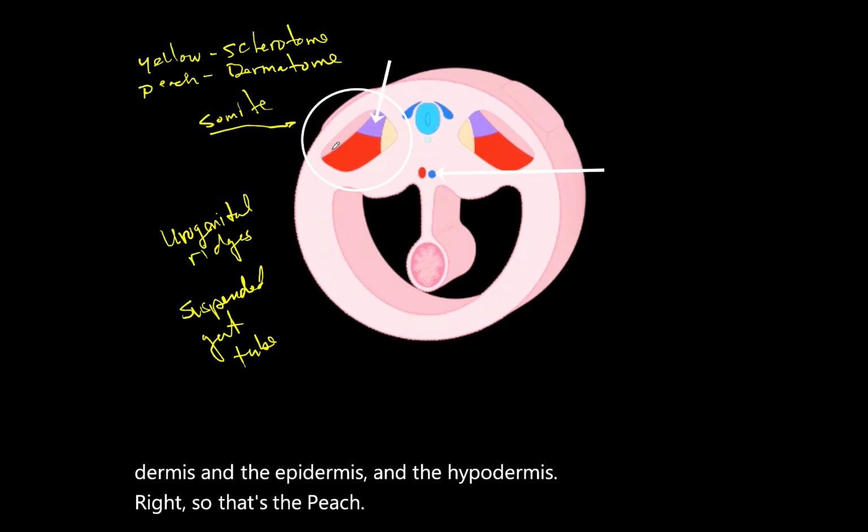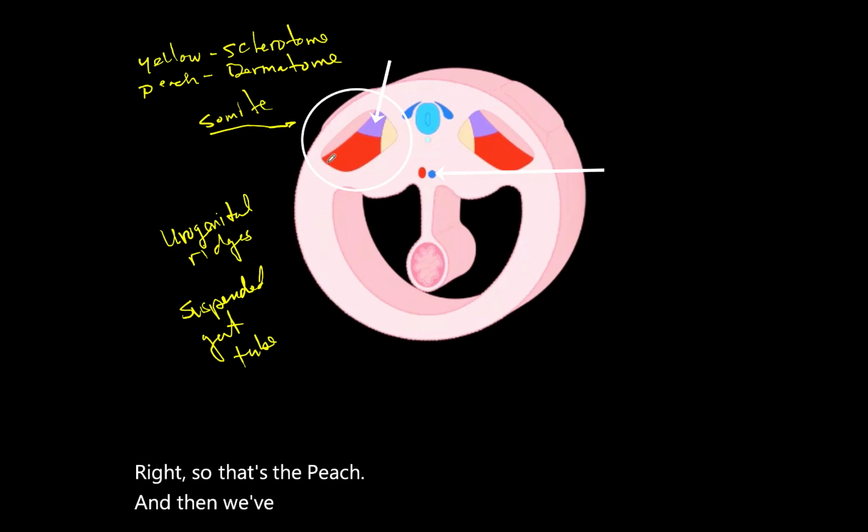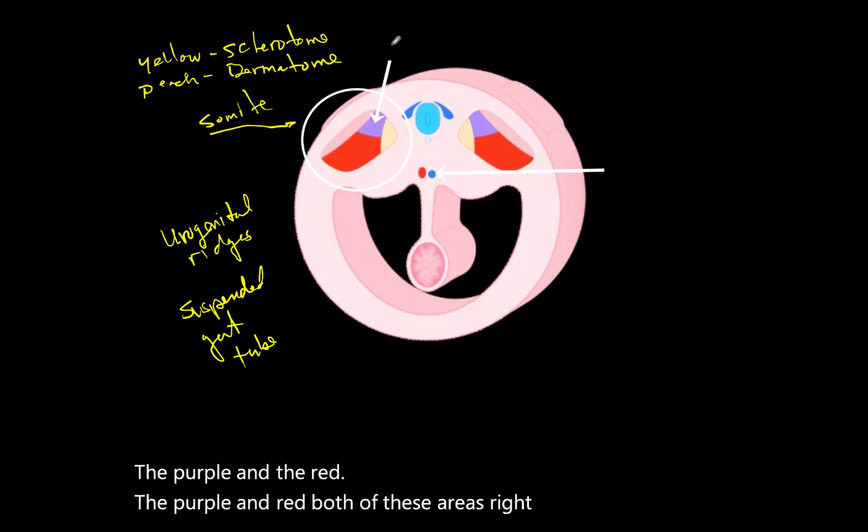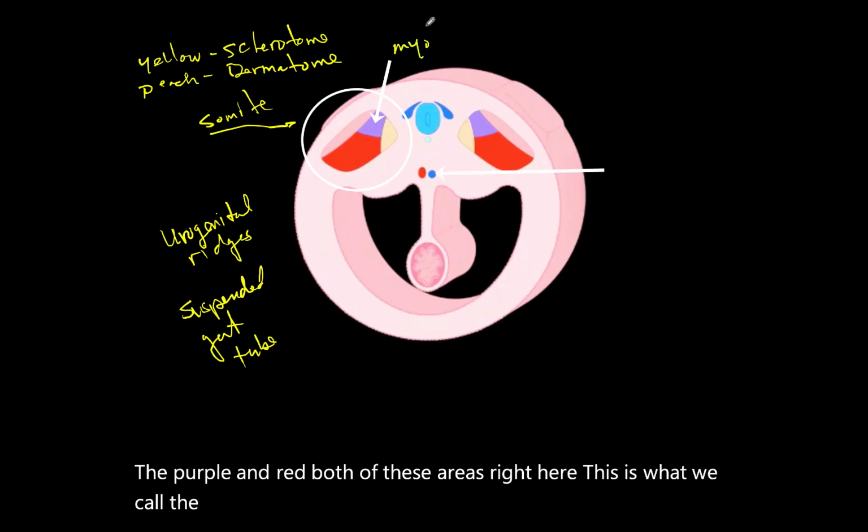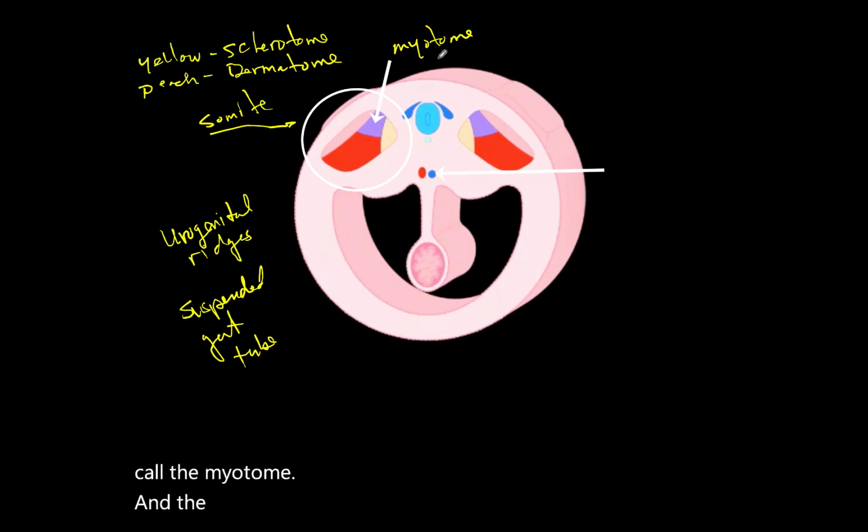And then we've got the purple and the red. Both of these areas right here, this is what we call the myotome. And the myotome is what's going to form the muscle.